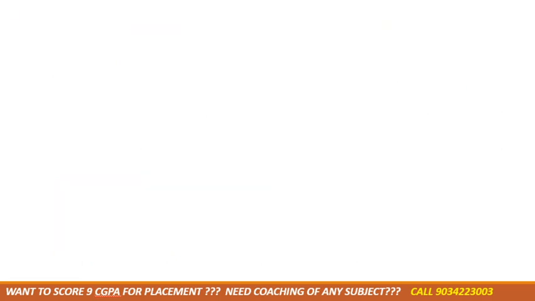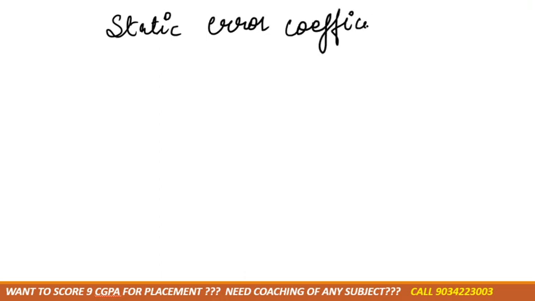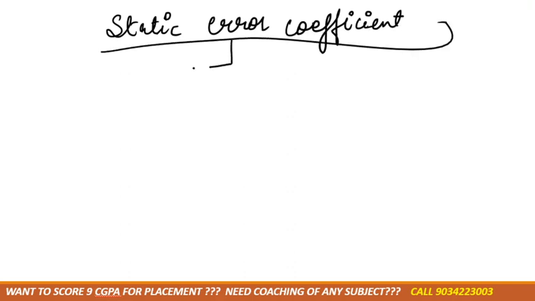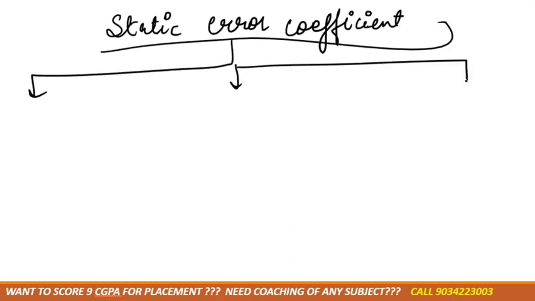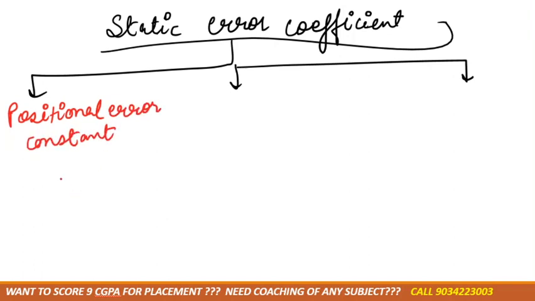Now the next thing is we have to calculate the error constant, that is known as the static error constant, or we can say static error coefficient. Basically it is divided into three categories. One of the constants is the positional error constant, denoted by Kp.